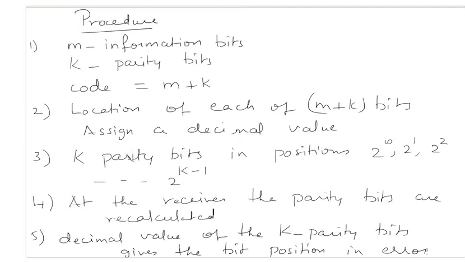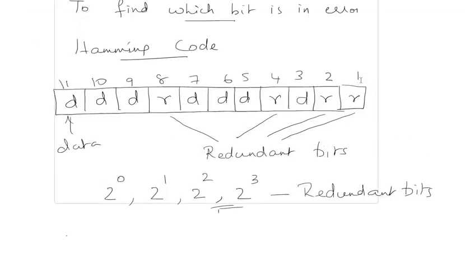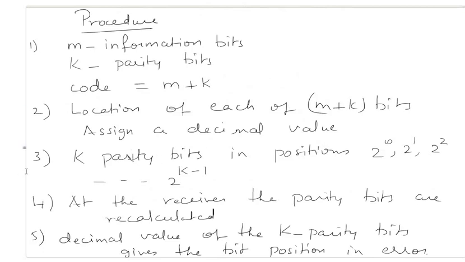We have seen in the previous one: 1, 2, 3, 4, 5, 6, 7, 8, 9, 10, 11. So these are the decimal places to be assigned to the entire code word. After assigning the decimal values, we need to insert the k parity bits in the positions 2 raised to 0, 2 raised to 1, 2 square till 2 power k minus 1.